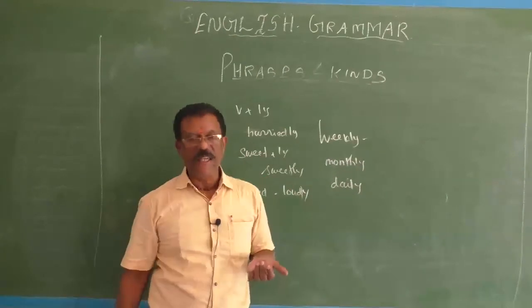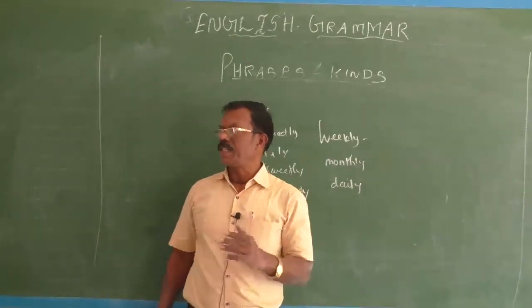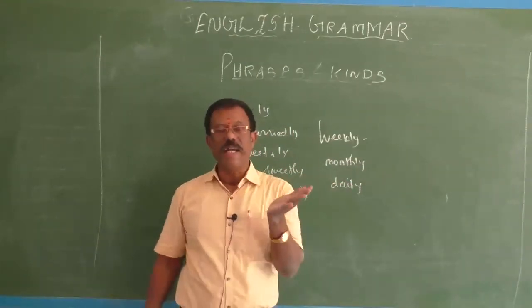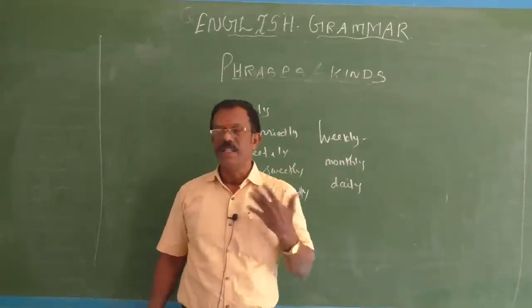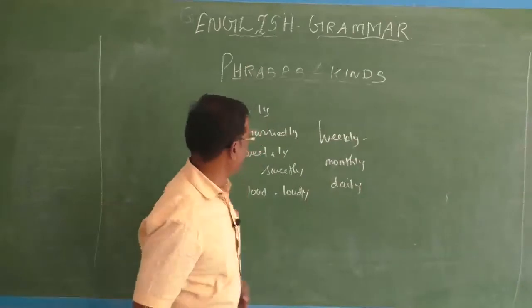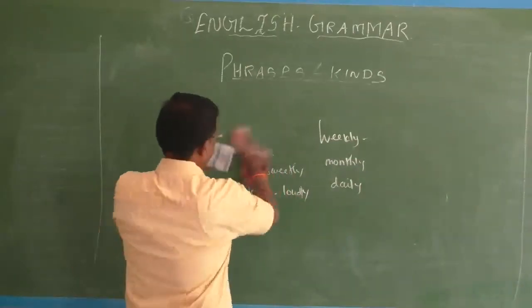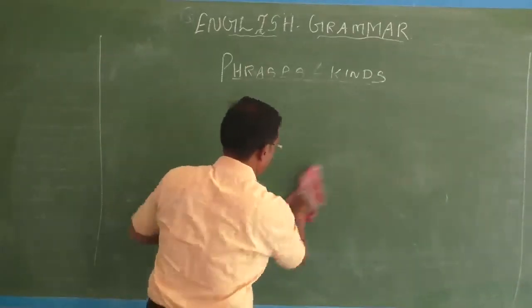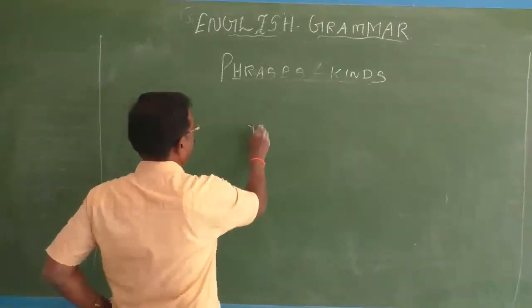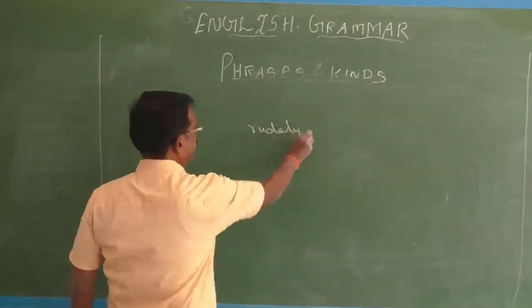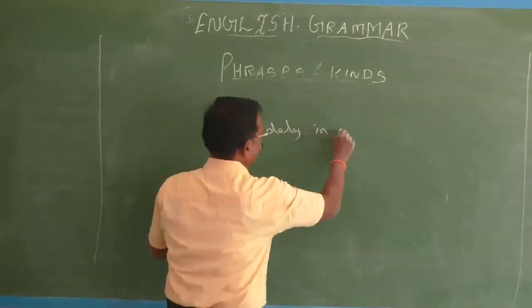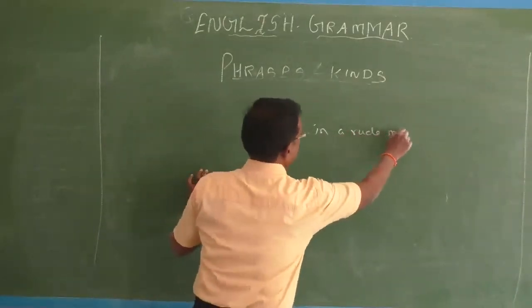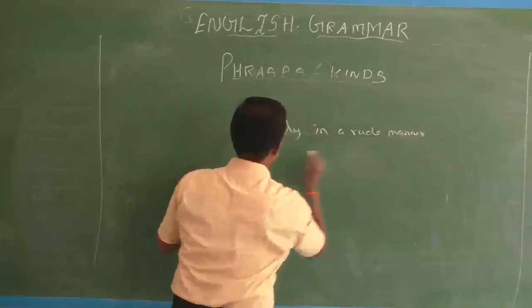So in this way, an adverb can be expanded into an adverb phrase. See, rude, rudely is an adverb. How can you expand it into an adverb phrase? In a rude manner.